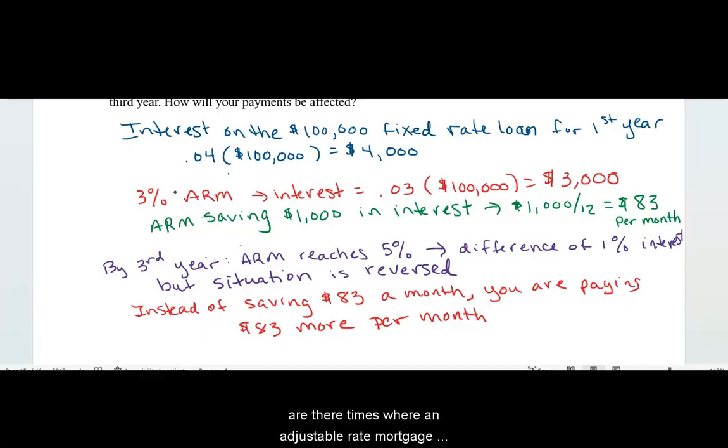Are there times where an adjustable rate mortgage might be better? Sure. But you have to do your research and even consult with a financial advisor before you make any decisions like that. But I just wanted to go over a problem like this because it does show you how in the beginning, yes, you did save, but then when the rate went up, you ended up increasing your payment as compared to what you would have paid with the fixed.